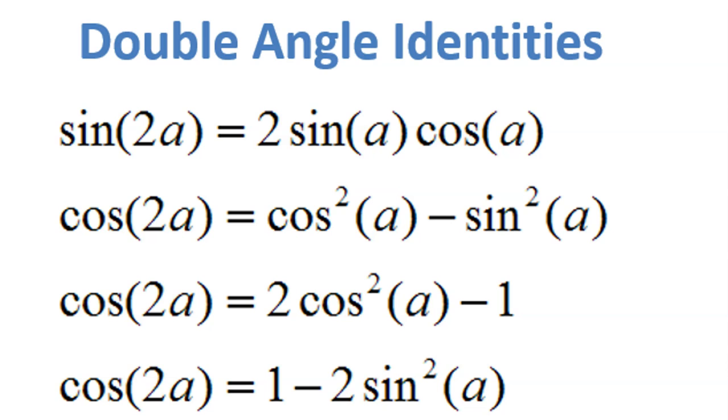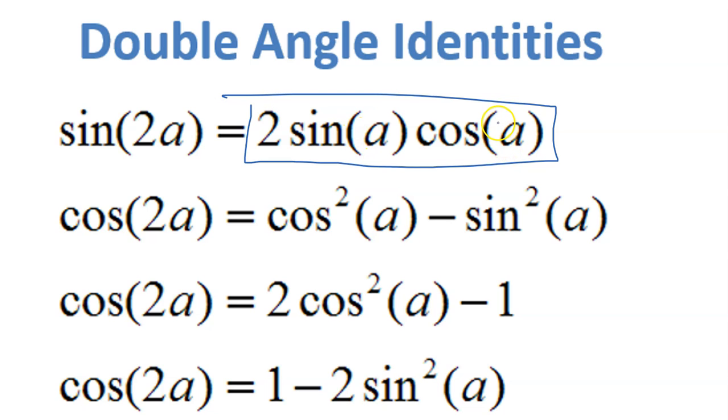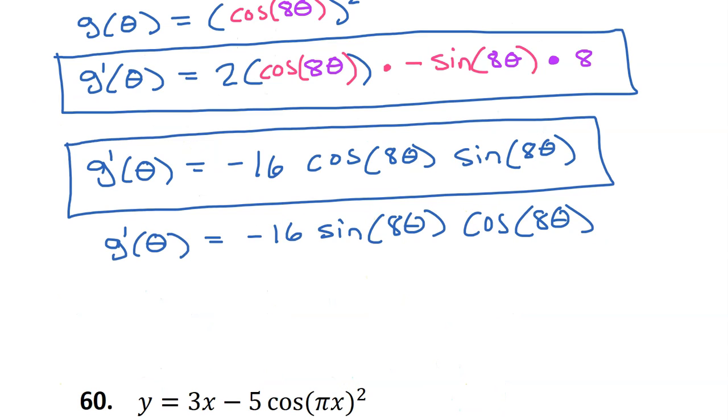See this first double angle identity right here where we have 2 sine A cosine A? So if I see 2 sine cosine, I can rewrite that as sine of 2x or theta or whatever it is. I see the sine cosine, and I could easily rewrite this as 2 sine cosine.